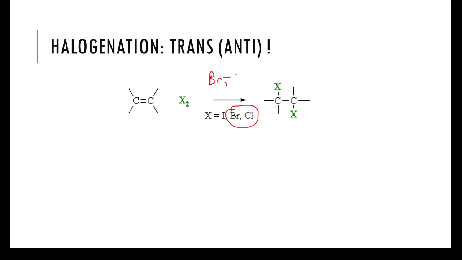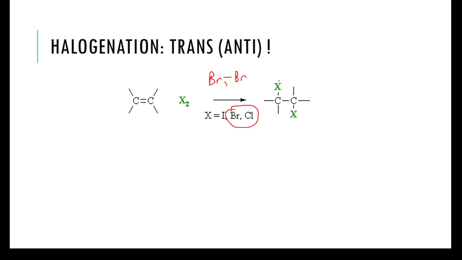The difference is there is no partial positive charge. There is nothing that our pi electrons want to attack on that. So what happens? How does this reaction even occur?